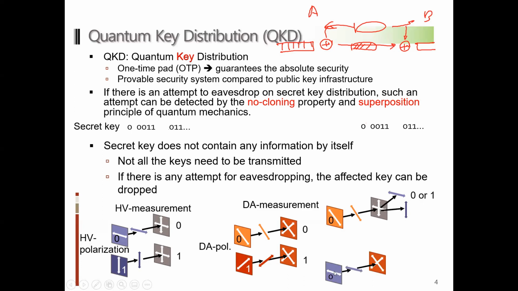What happens in the opposite case? If you send horizontally polarized light and then measure it in the DA basis, you will also have the same random result. So you might ask why we would do this, but the QKD actually utilizes this kind of property to its full extent.